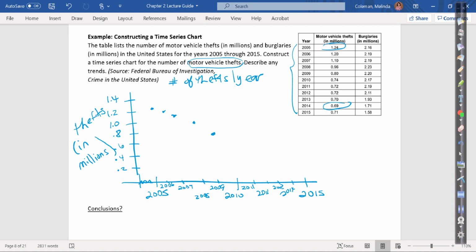In 2010, we had 0.74. In 2011, we were at 0.72, so it's going to be really close. 0.72 again, 0.70, 0.69, and 0.71 goes up just a little bit. So basically, whoops, connect the dots a little better.